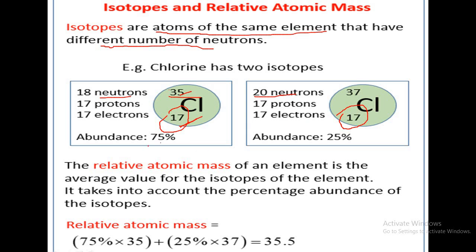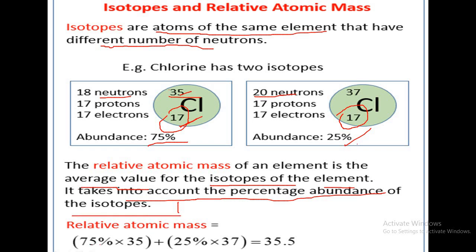But in nature, chlorine 35 is found at 75%, and the abundance of chlorine 37 is 25%. That is why the relative atomic mass of an element is the average value of the isotopes of the element, and it takes into account the percentage composition of the isotopes.